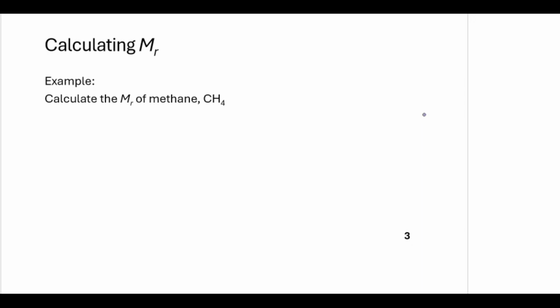So methane has one carbon atom and 4 hydrogen atoms.